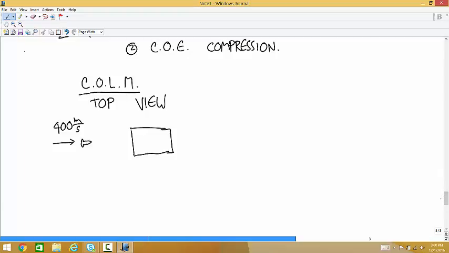And so conservation of linear momentum says add up the momentums before the collision. So that's 0.01 times the velocity vector, 400, 0, plus the mass of the block times its velocity before the collision.